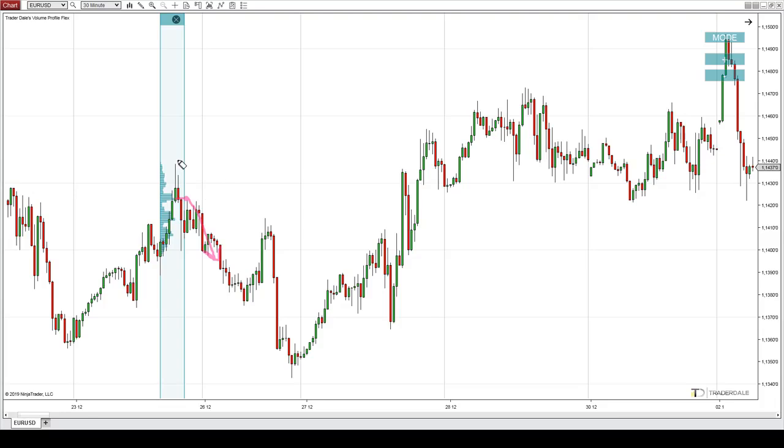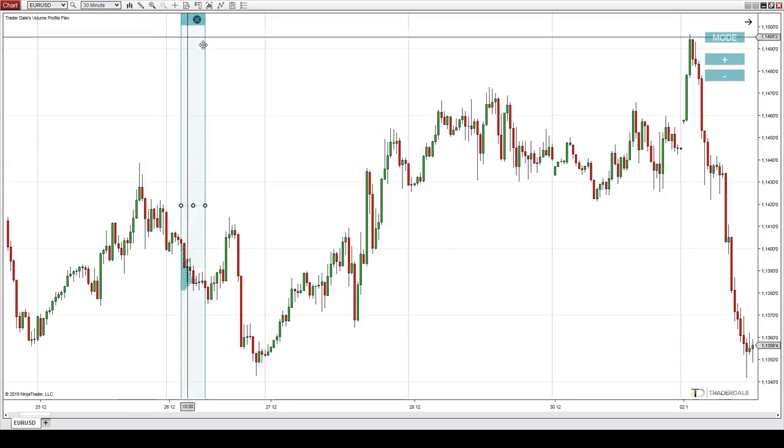I probably wouldn't trade this, because when there is a rejection and then immediately the price returns to the rejection, I wouldn't trade it. What I prefer is to wait for the price to settle down, to accept the lower prices, and after that trade the rejection. So I probably wouldn't take this one. First, the rejection isn't that significant. Second, the price returned to the volume cluster too soon.